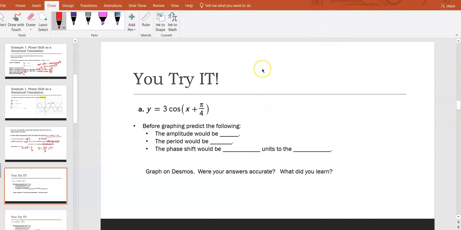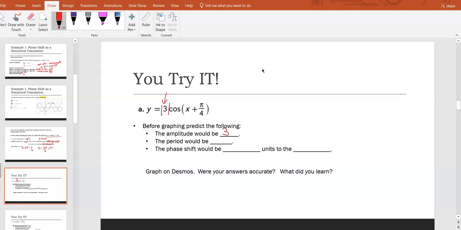Let's look at this one and think about what we've learned about how we're changing functions. When we look at this value right here, we learned that the absolute value is the amplitude, so that would be 3.